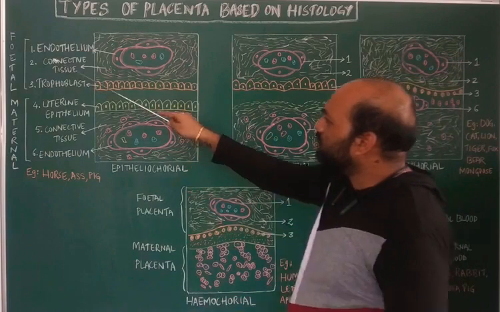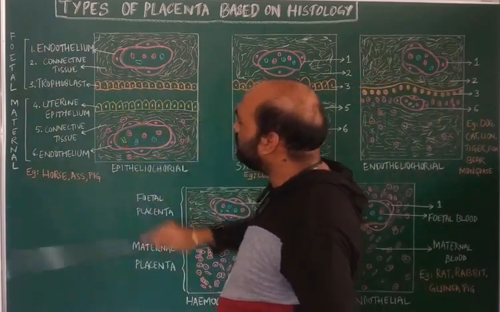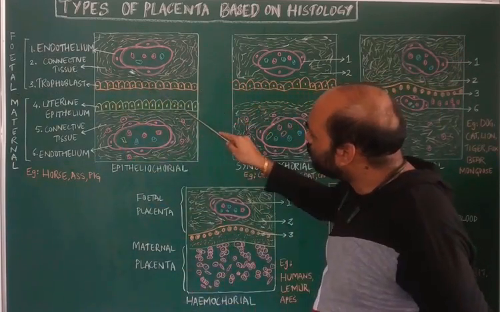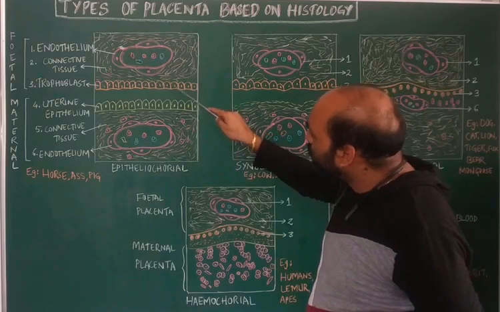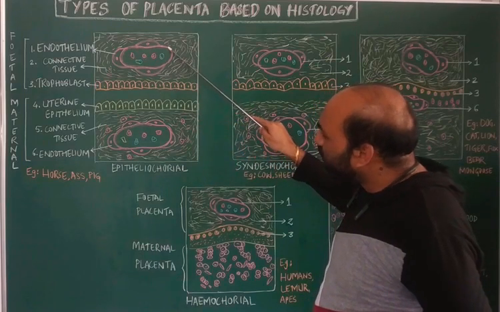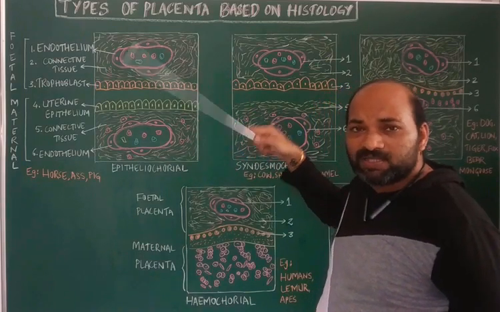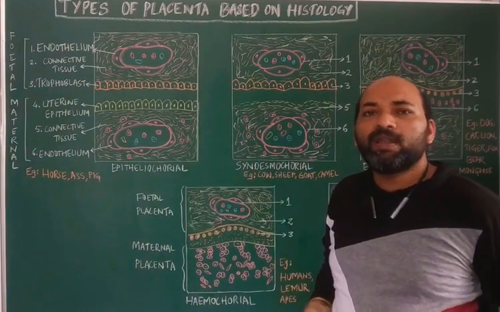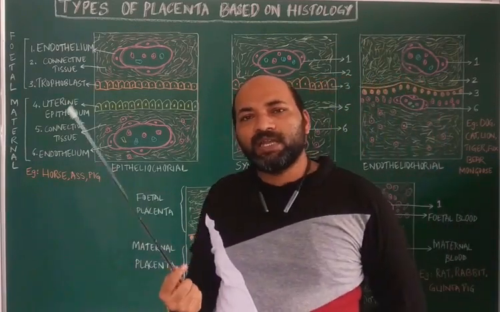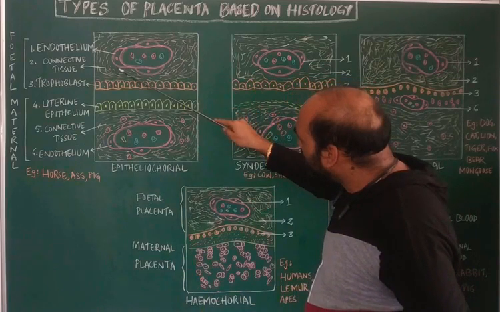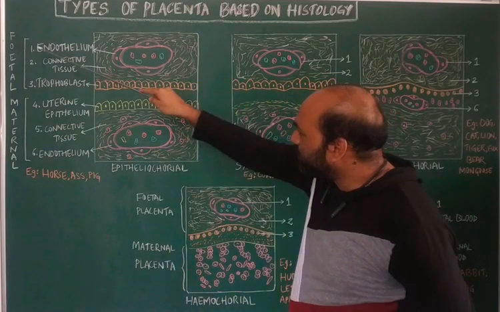You can see in the fetal part of the placenta there is the endothelium. You know that endothelium is the lining of the blood vessel, which generally consists of simple squamous epithelial cells. This is the endothelium of the blood vessel of the fetus.